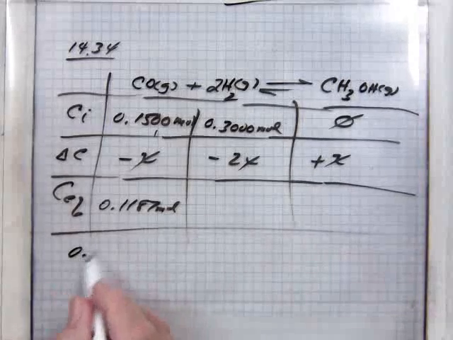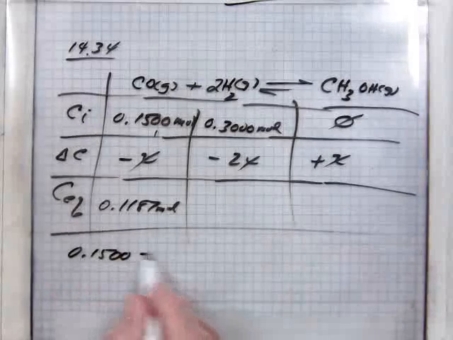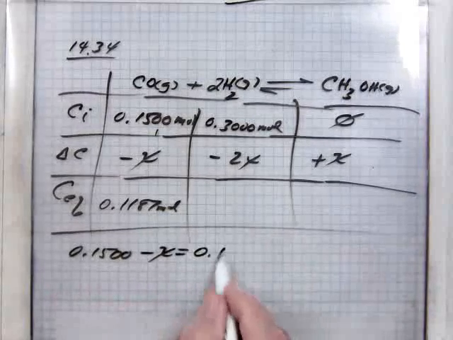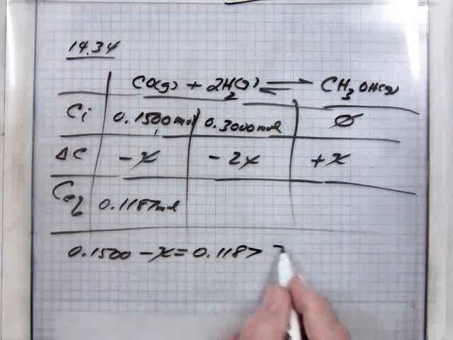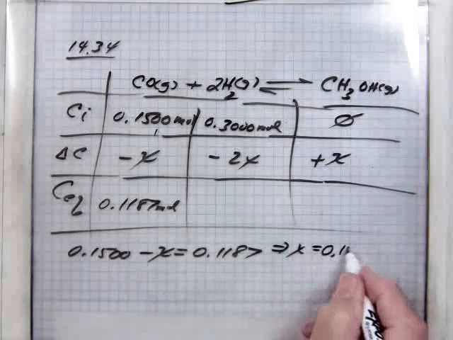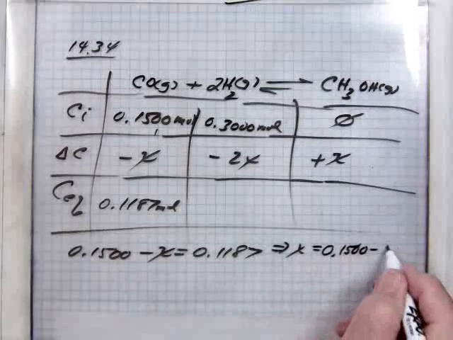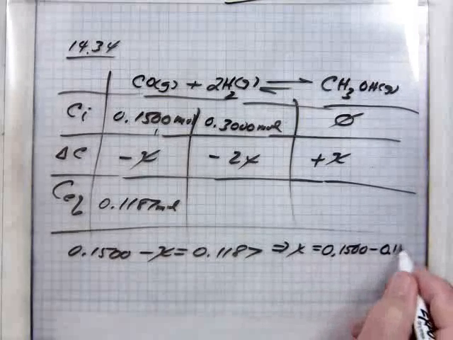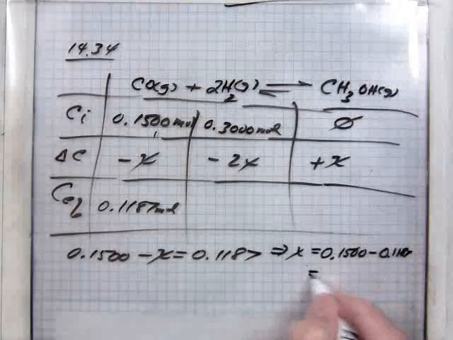So 0.1500 minus x is equal to 0.1187, and this gives x to equal 0.1500 minus 0.1187. And what does that give us?